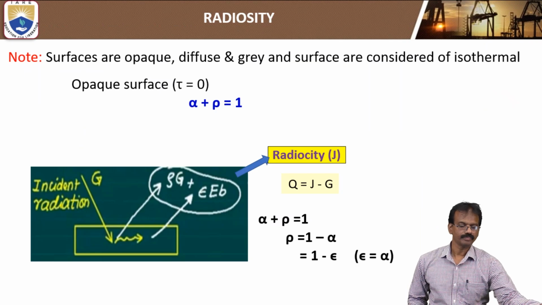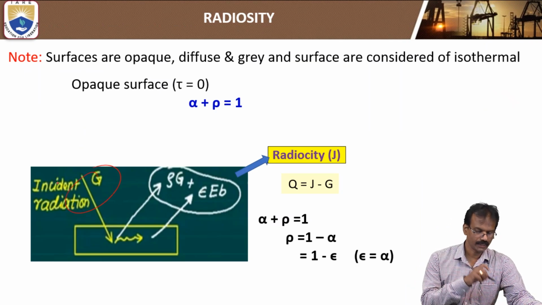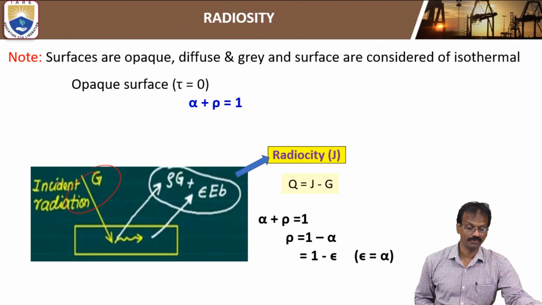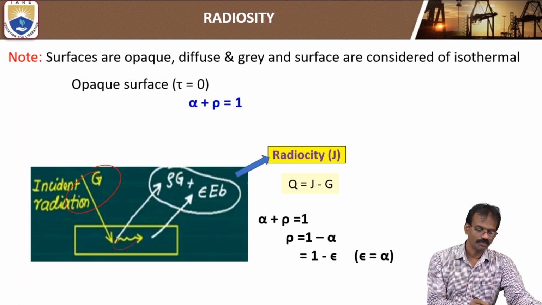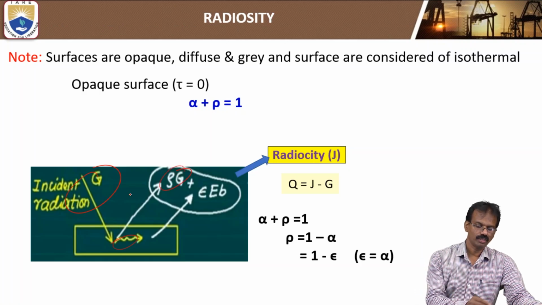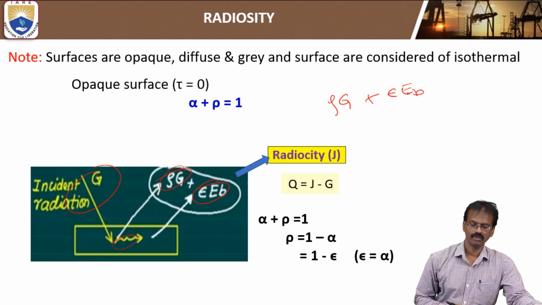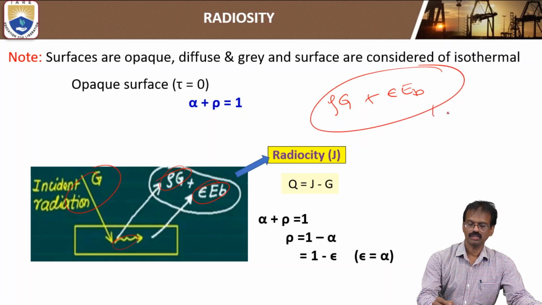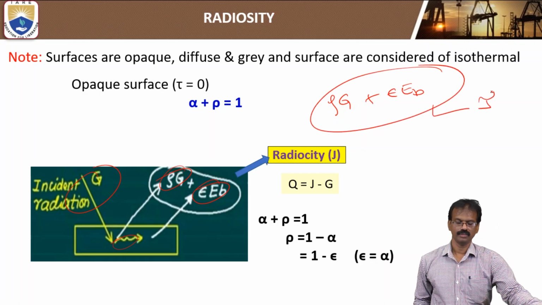Here G is the incident radiation on the opaque surface. Some portion will be absorbed, and because of that some energy will be emitted also. The reflecting energy is rho G, plus the emitting energy, epsilon into EB. The addition of these is called J, radiosity.